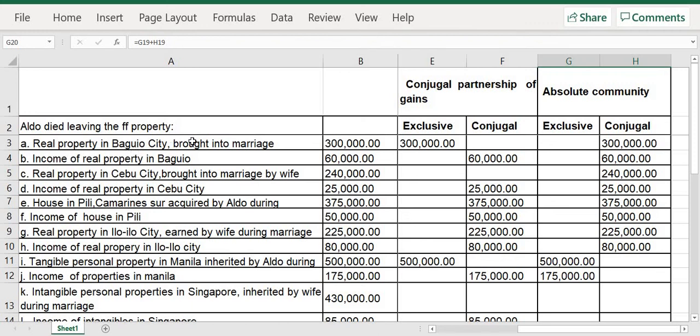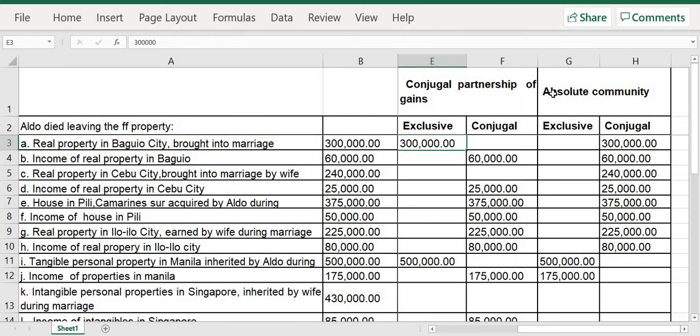Real property in Baguio City brought into marriage. What do you mean by brought into marriage? Meaning, those are properties he already had prior to Aldo's marriage. Worth 300,000. Under conjugal partnership of gains, all properties of the spouse before the marriage are part of his or her exclusive property.